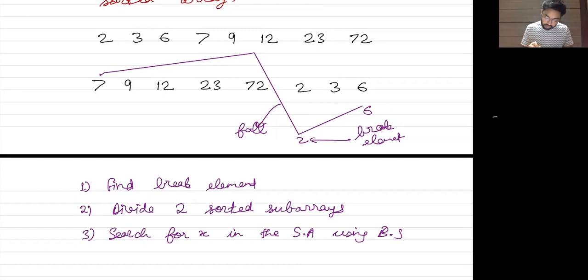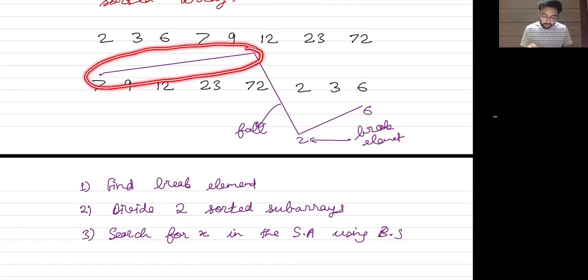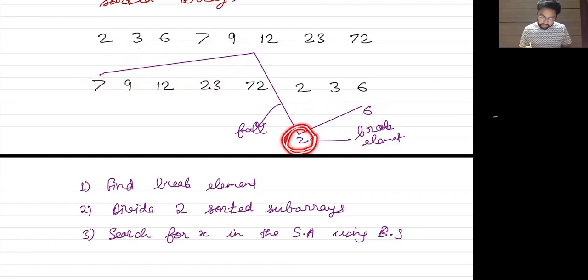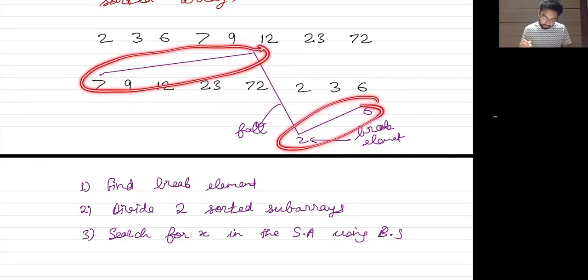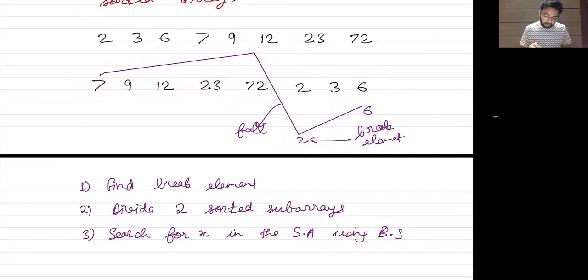As you can see, a rotated sorted array is nothing but a combination of two sorted sub-arrays. If I somehow find this break element, then I can divide this whole array into two sorted sub-arrays, and then I can search for element X in this sorted array using binary search. Also, I can search for element X in this sorted array, and then I can get the solution.